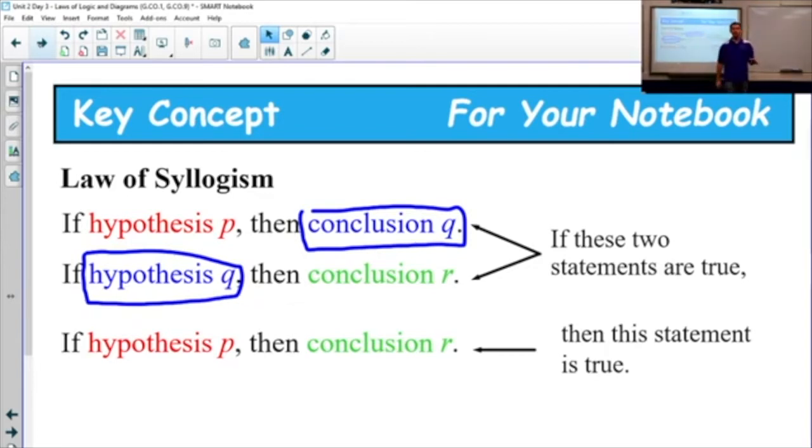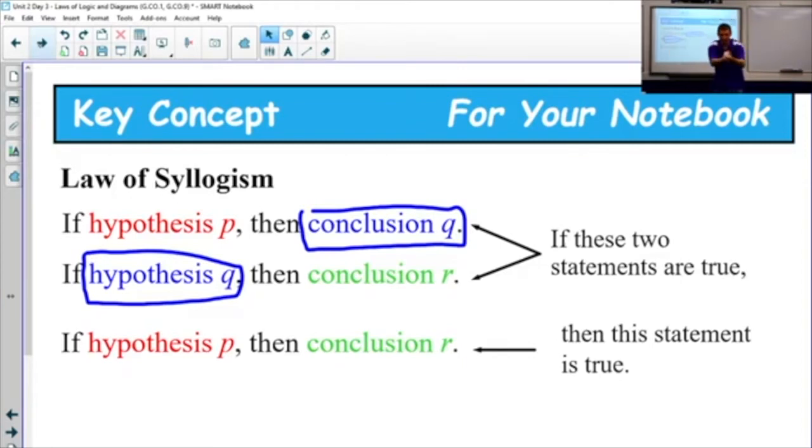Basically, what you're looking for is that the conclusion of the first statement is the hypothesis of the second statement. That's what creates this link in the chain that'll link the two statements together. It looks like if P then Q and if Q then R tells me if P then R.